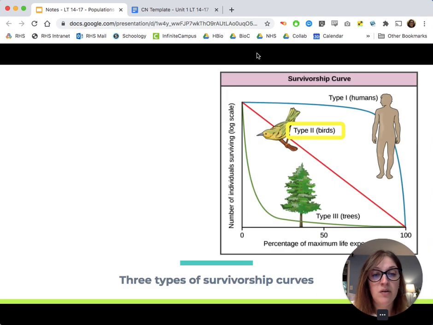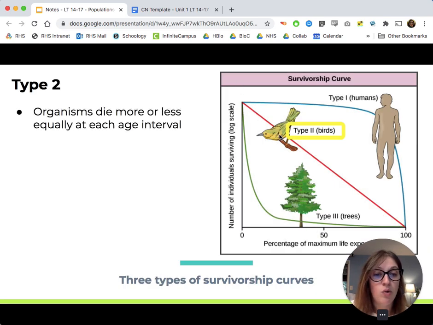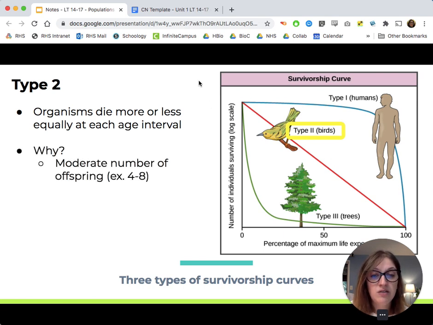All right, let's compare that to type 2. In type 2, these organisms die more or less equally at each age interval. Basically, you die or you live. It's kind of a random chance in these types of species. This is because there's a moderate number of offspring born, still more than type 1, but less than type 3.